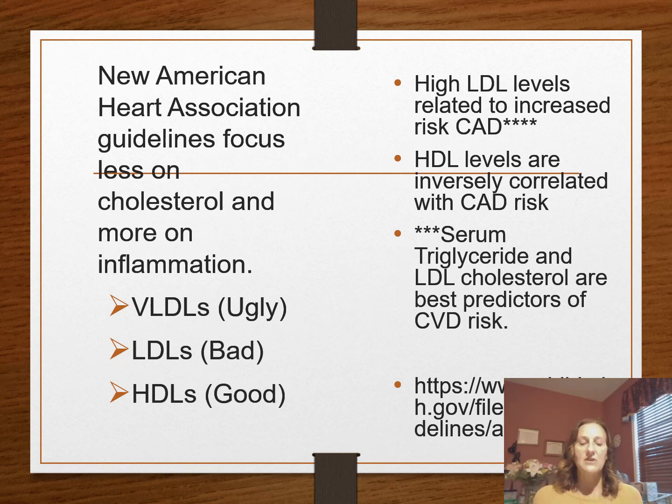The primary goal is diet therapy to reduce the risk of cardiovascular disease, and we typically look at lowering that LDL cholesterol level. If you're interested in looking at the guidelines, there is a link so you can study it a little further.